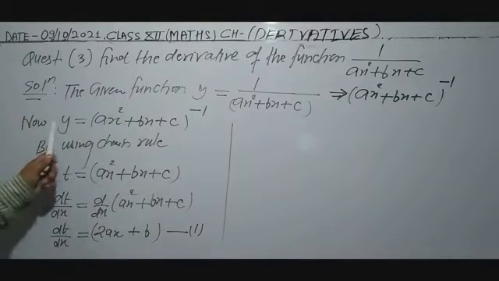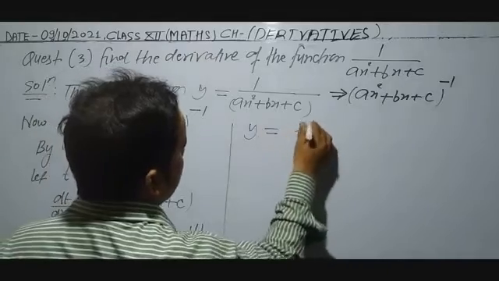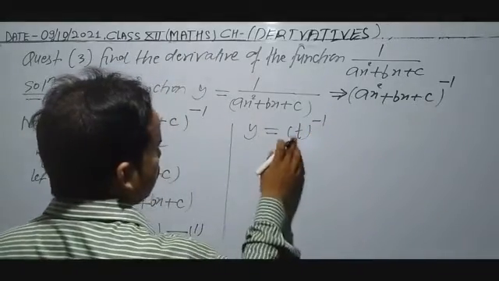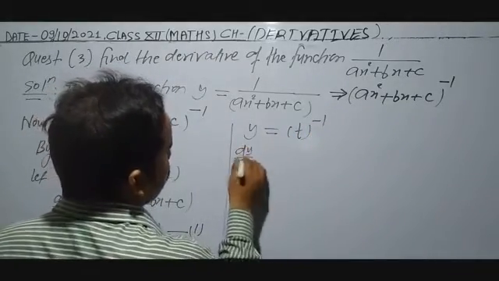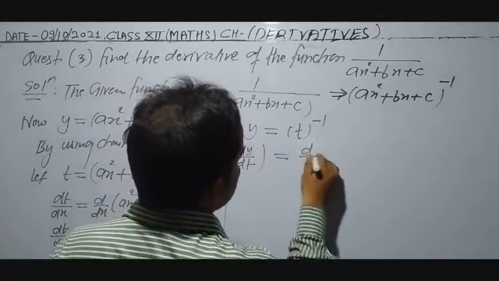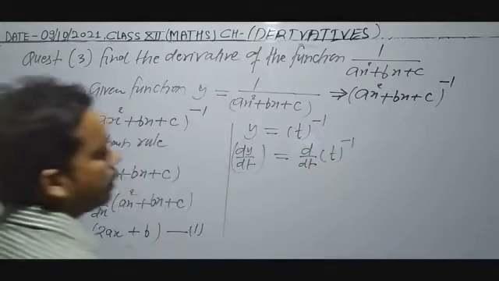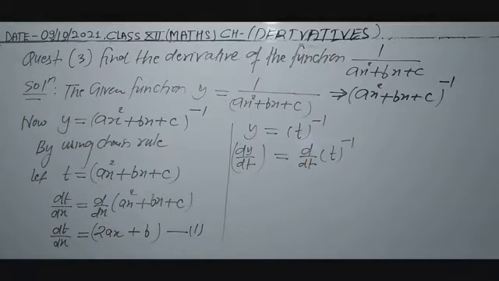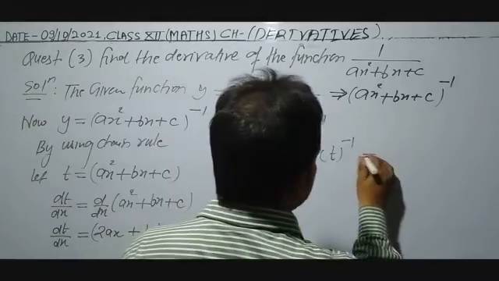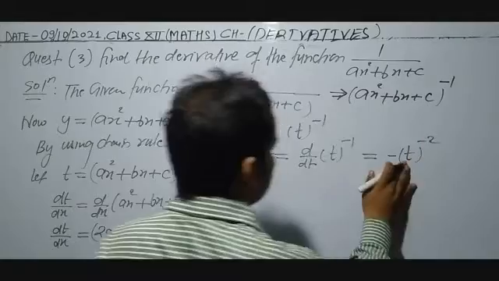Now the value of y in terms of t: y is equal to t to the power minus 1. So dy by dt is d by dt of t to the power minus 1, and its differentiation is minus t to the power minus 2.